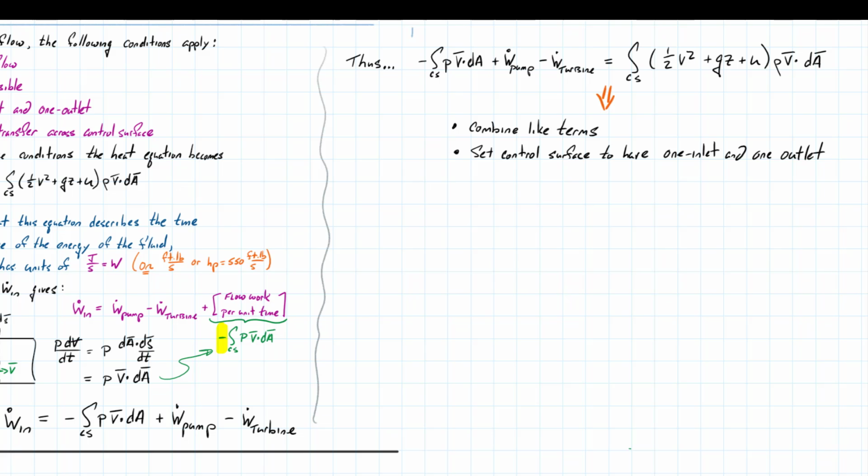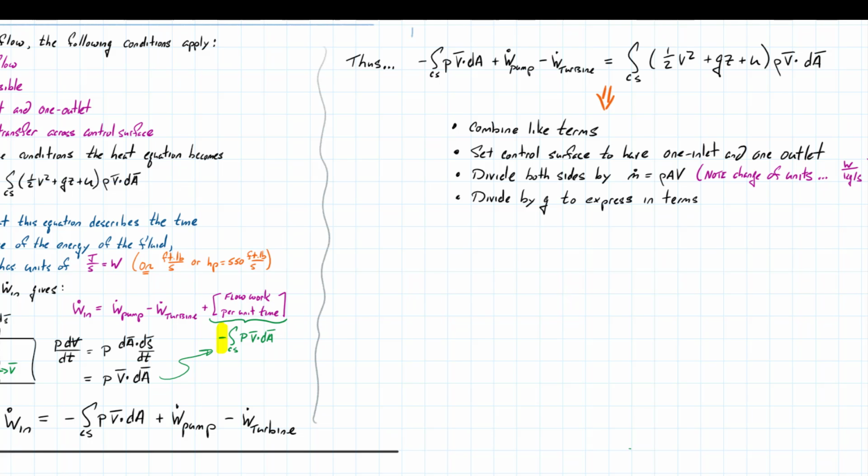Then we're going to do a couple of, right, put it in quotes, tricks. We're going to divide both sides by the mass flow rate, which is rho A V. We'll note that there is, of course, a change of units when we do this. And then we'll also divide by g, and that will allow us to express the equation in terms of pressure head.